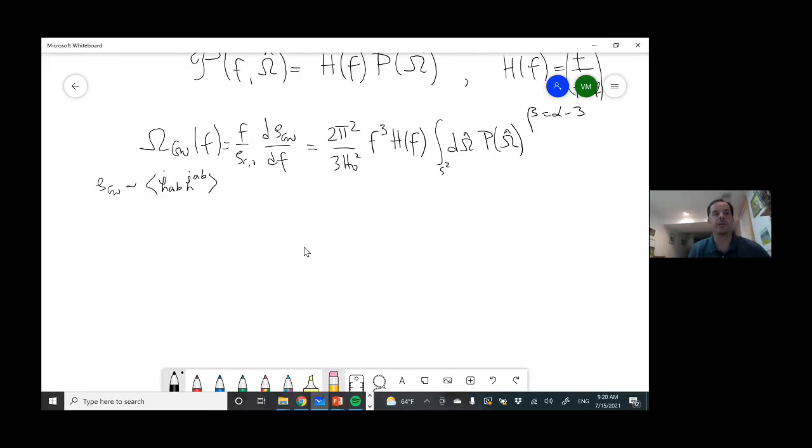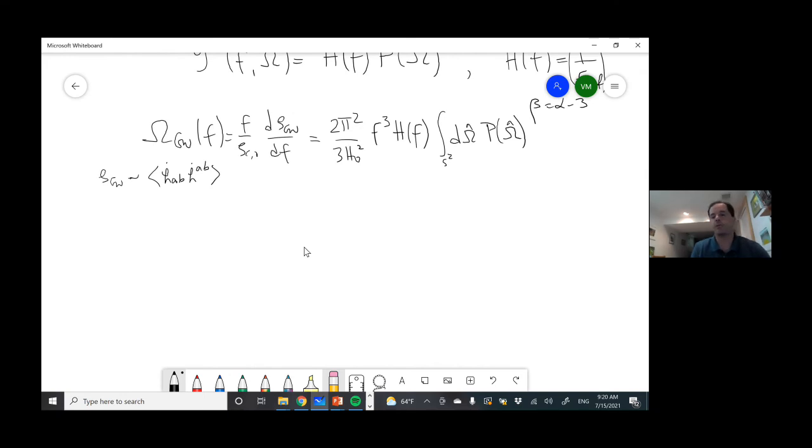To proceed further, it turns out to be very convenient to expand this function P of omega in terms of some basis of functions on the sphere. So we will write P of omega as a sum of P_alpha, which are some numbers, coefficients, times e_alpha of omega.